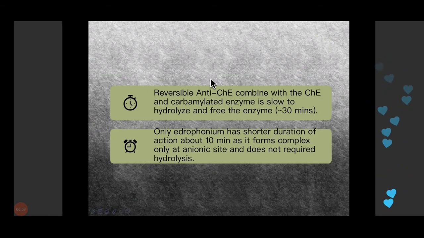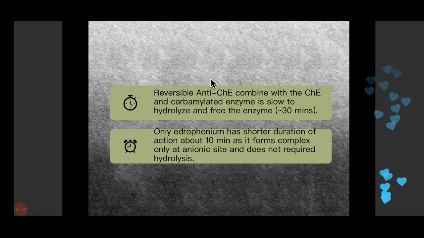Now the reversible anticholinesterase combined with the cholinesterase forms a carbamylated enzyme which is slow to hydrolyze, taking about 30 minutes. See, acetylcholine was hydrolyzed within a few milliseconds. When we are talking of reversible anticholinesterases, they will carbamylate and they will get detached in 30 minutes.